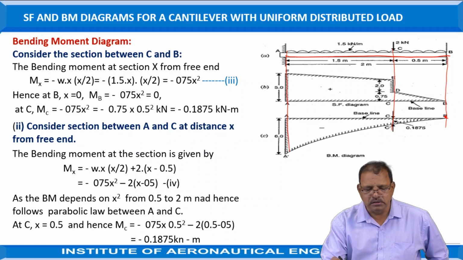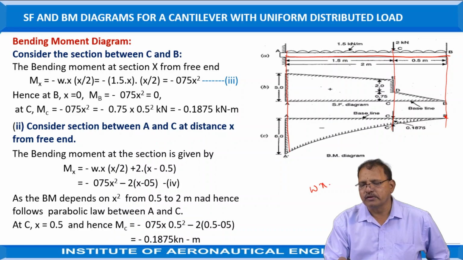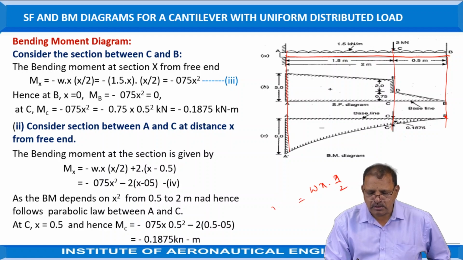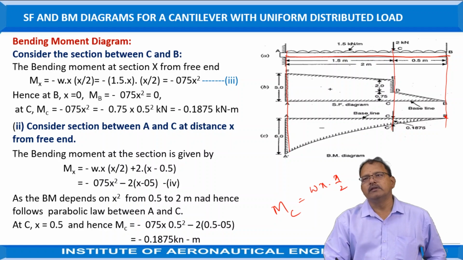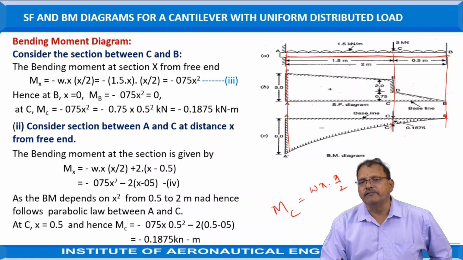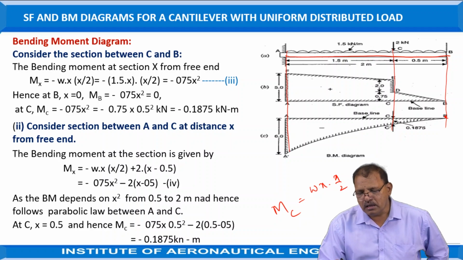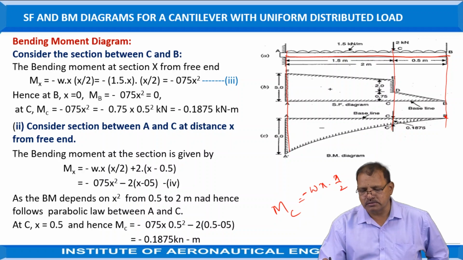The bending moment at C is due to the force W into X, but it is acting at X by 2, hence this is treated as the bending moment at point C, that is at a distance X from B. But its effect is a lagging effect, hence it is treated as a negative value.